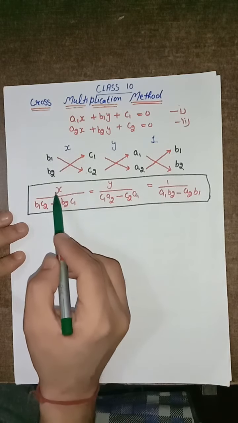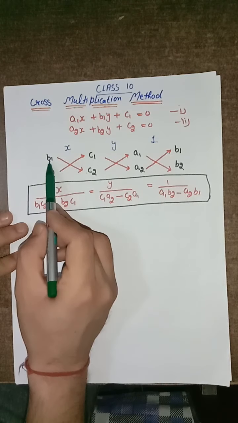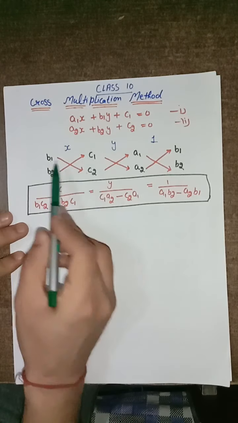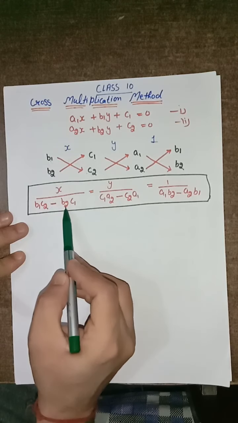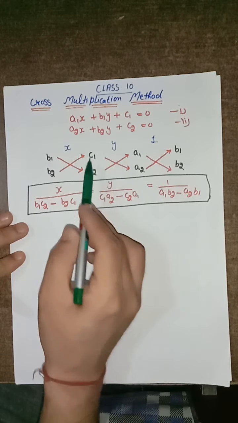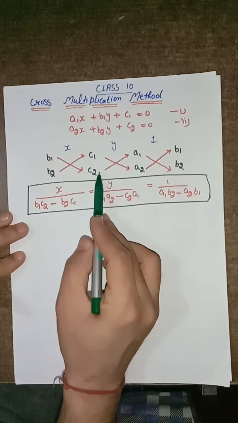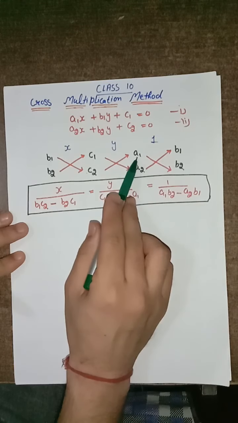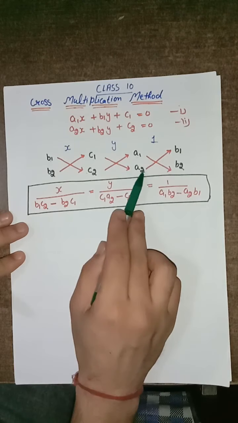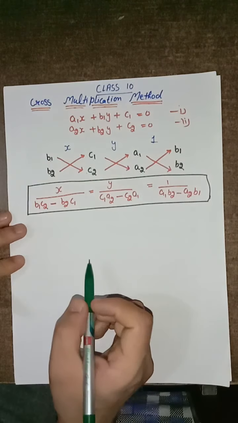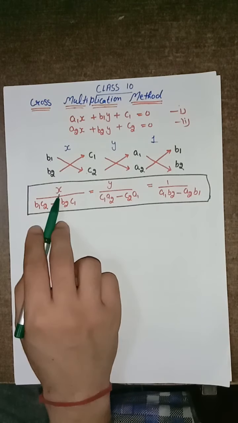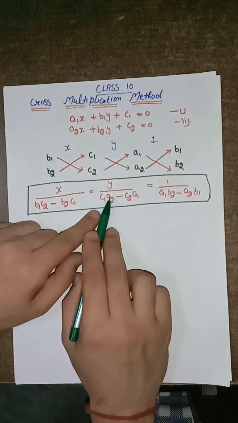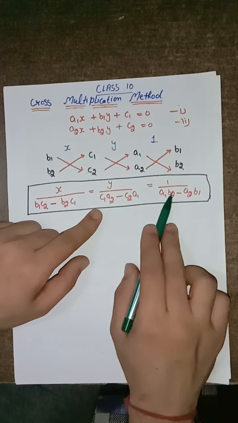Now to solve, x divided by b1 c2 minus b2 c1 equals y divided by c1 a2 minus c2 a1, equals 1 divided by a1 b2 minus a2 b1. To find the value of x, we equate the first with the last, and to find the value of y, we equate the second with the last.